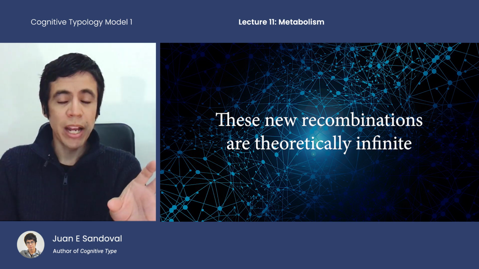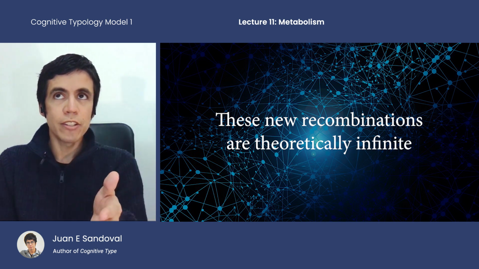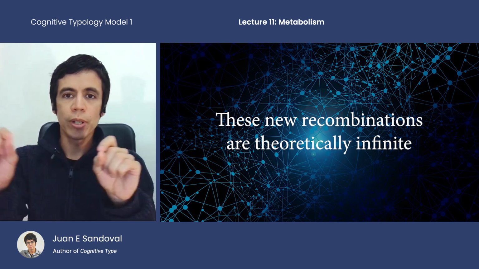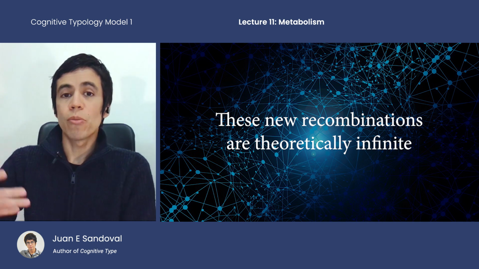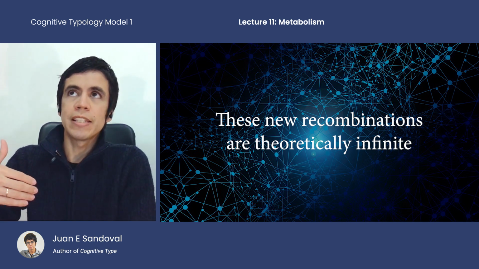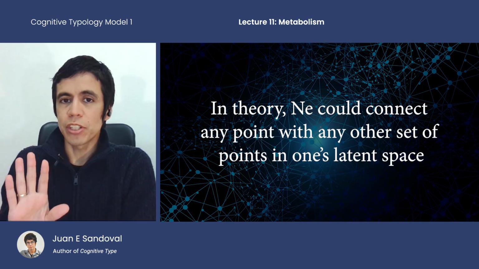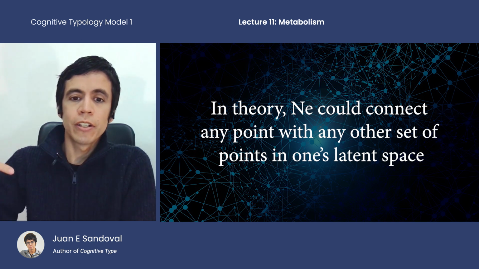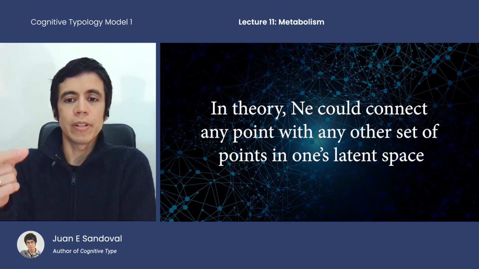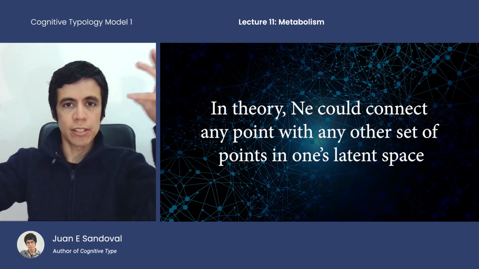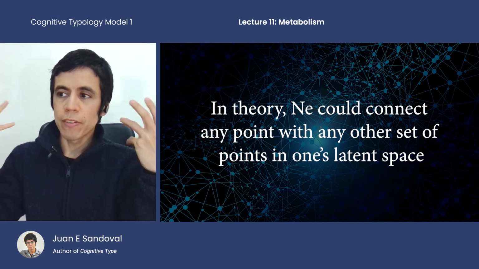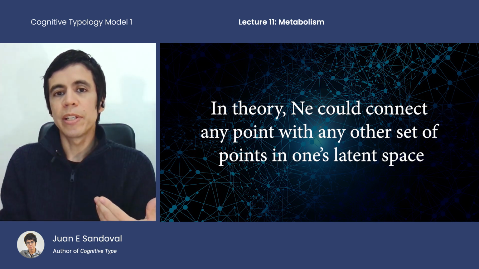And to take this further, perhaps to the extreme, these new arrangements of linking together different points are theoretically infinite, which means that in theory, again, just in theory, NE could connect any point with any other point within its latent space. Any other piece of data could be linked to any other piece of data.